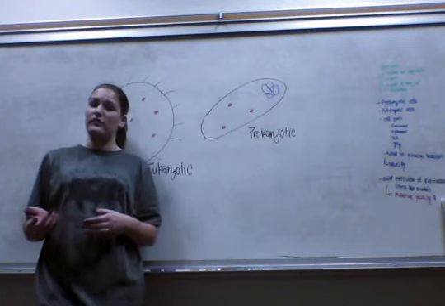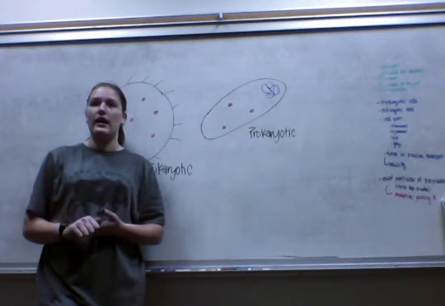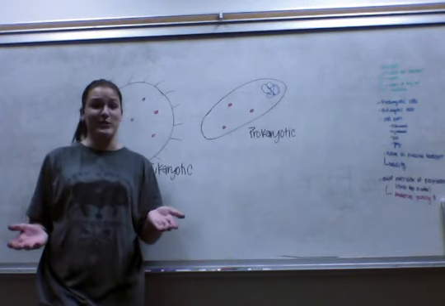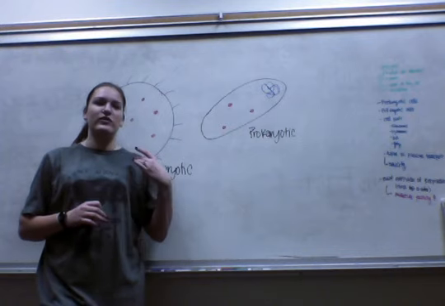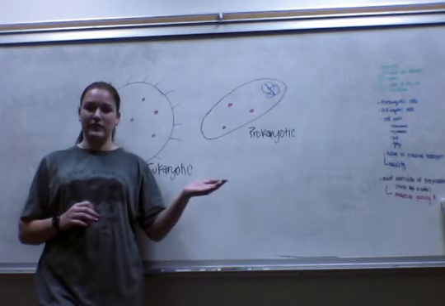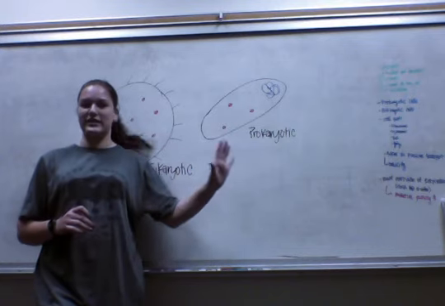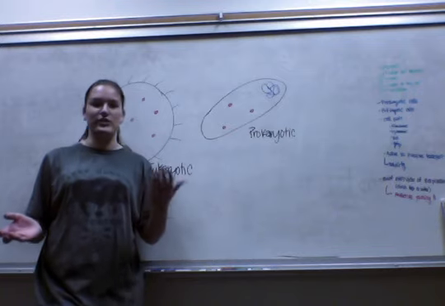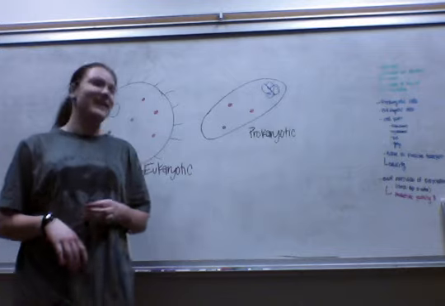In your smooth ER, however, you end up synthesizing steroids, which is another lipid we talked about. So the way I remember this is smooth and steroid both start with S. It's a silly way to go about it, but if you understand that ribosomes help make proteins, that takes care of the rough ER for you. And for smooth ER, just understanding steroids and smooth both start with S, that's my way of remembering it.